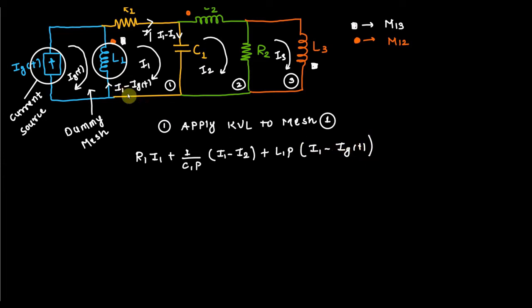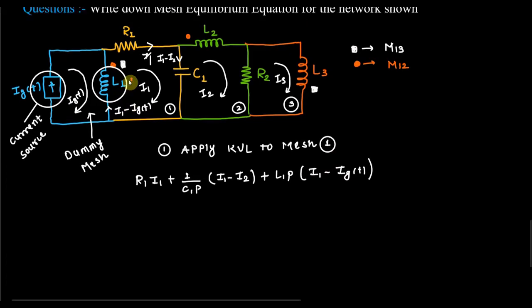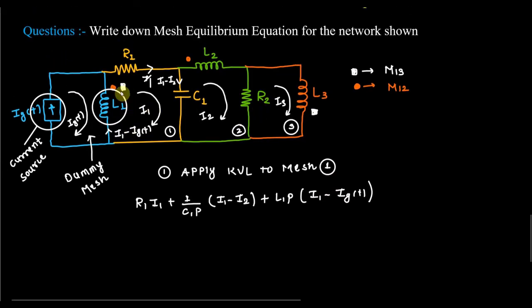So these will be the self elements. Now you can see that there are two mutual elements also. The first is this circle, and there is a box. So we write for both.